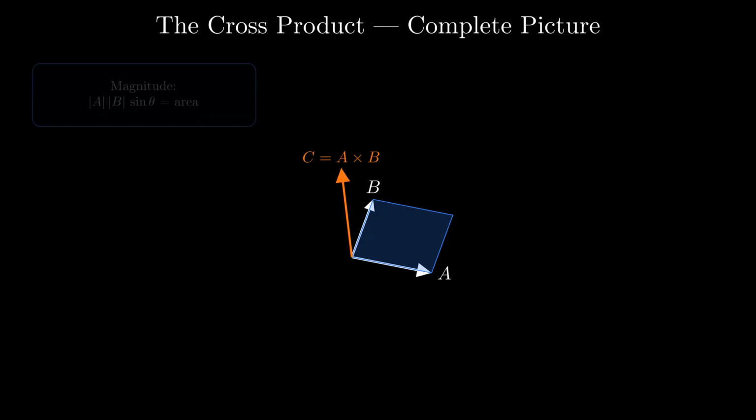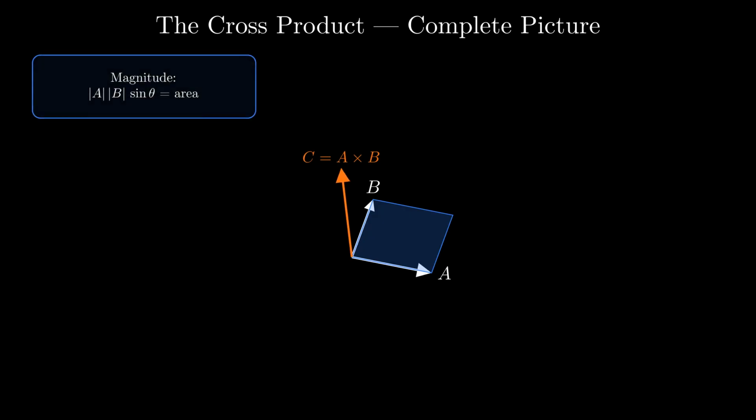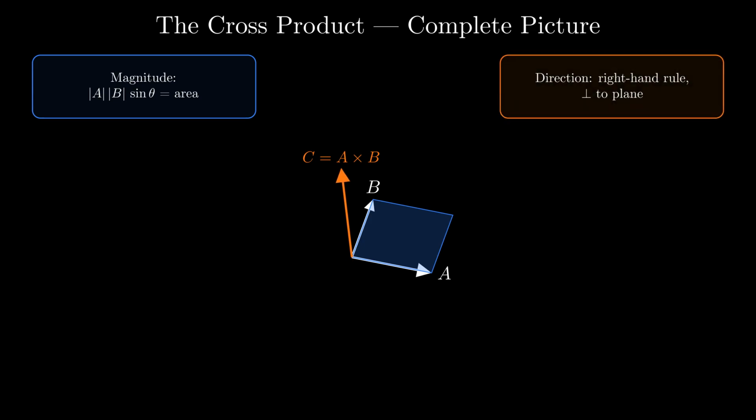Here's the complete picture. The cross product of A and B is a vector. Its magnitude is the magnitude of A times the magnitude of B times sine of theta, which equals the area of the parallelogram the two vectors span. Its direction is perpendicular to their plane, chosen by curling your right hand from A toward B and following your thumb.